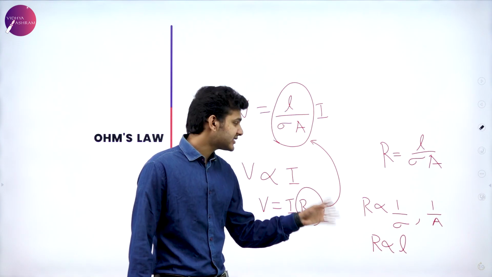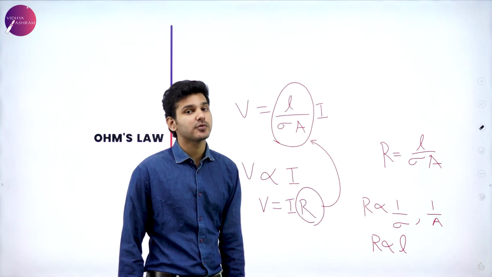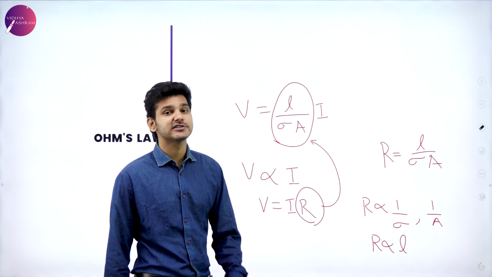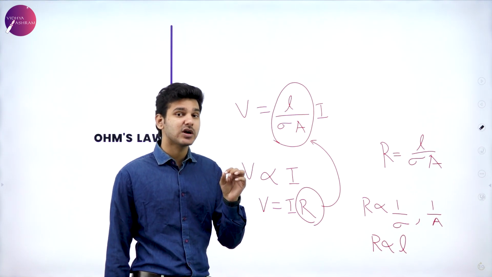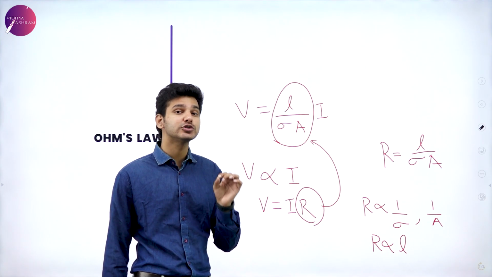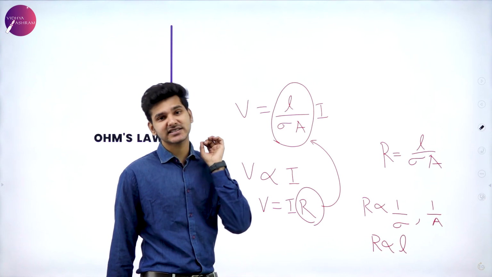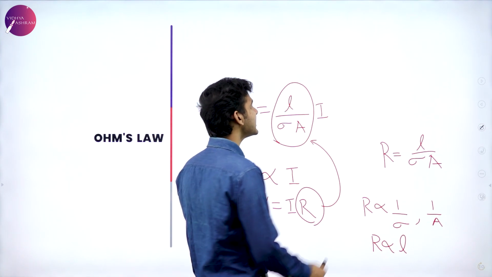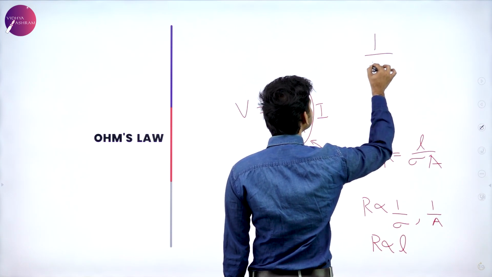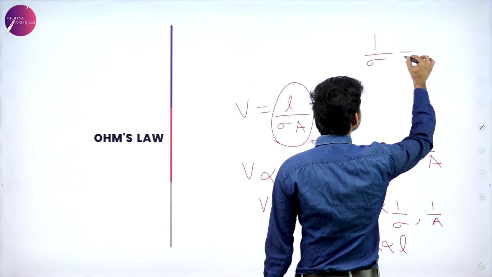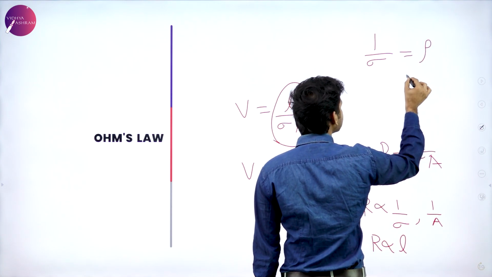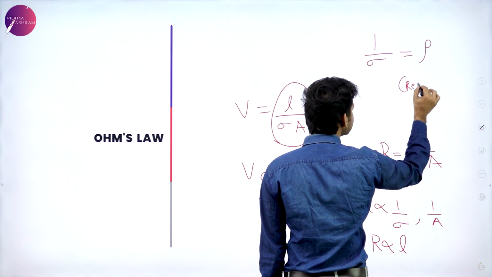And finally, resistance is also inversely proportional to conductivity, that is 1 by sigma. And this particular 1 by sigma, that is 1 by conductivity, is also known as resistivity. So 1 by sigma, that is 1 by conductivity, is equal to rho, that is resistivity.